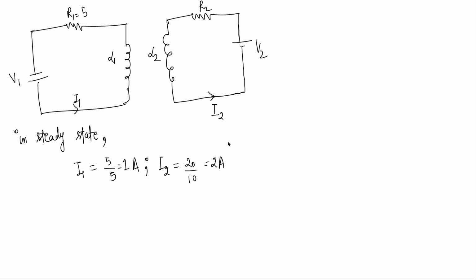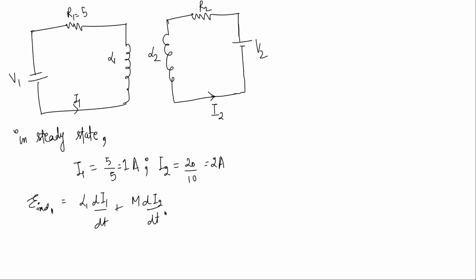So we'll now talk about the induced EMFs. The EMF induced in L1, let us say that is E induced 1, is L1 di1 by dt plus M di2 by dt.